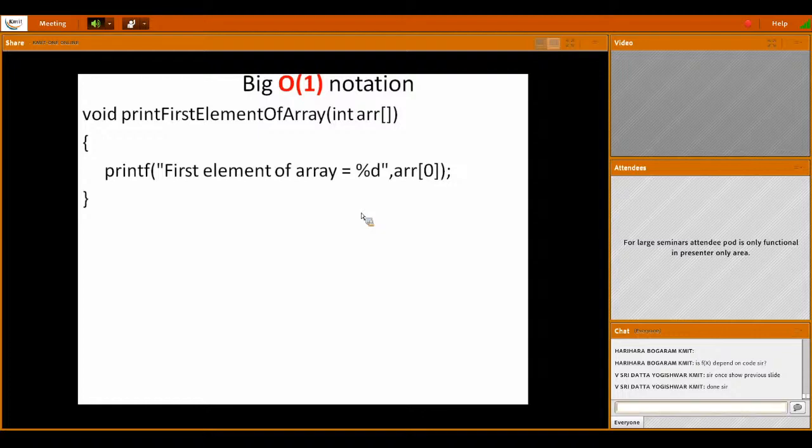Saurabh, J. Saurabh from CSCB. Yes, Tiwari, go ahead. I did not call your name.